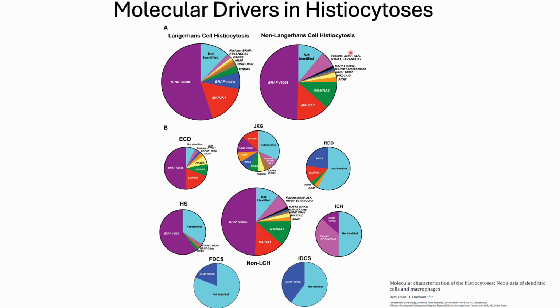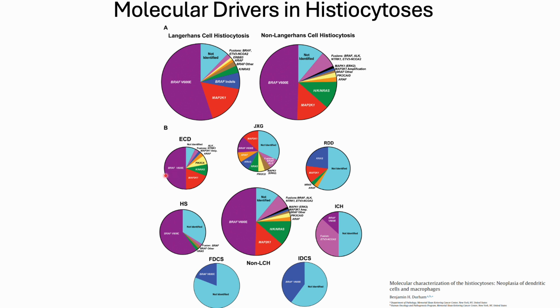In non-Langerhans histiocytoses, about 50% have a BRAF V600E driver. So the non-Langerhans is broken down here, and this is ECD, which is Erdheim-Chester, juvenile xanthogranuloma, Rosai-Dorfman, indeterminate cell histiocytosis, interdigitating dendritic cell sarcoma, follicular dendritic cell sarcoma, and histiocytic sarcoma.